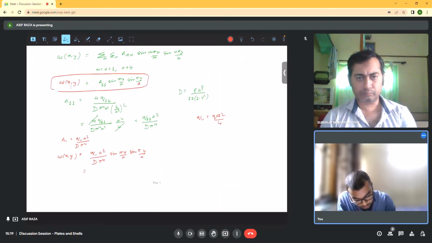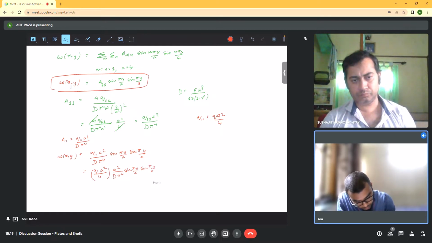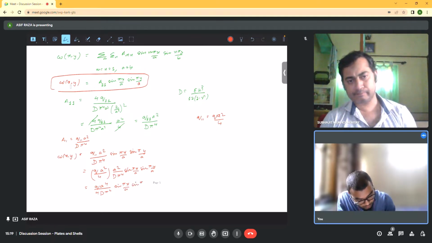So this gives me q a square upon 4 a square by D by 4 sin(pi x by a) sin(pi y by a) equals to q a to the power 4 by 4D by 4 sin(pi x by a) sin(pi y by a).